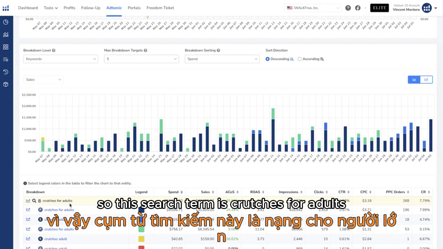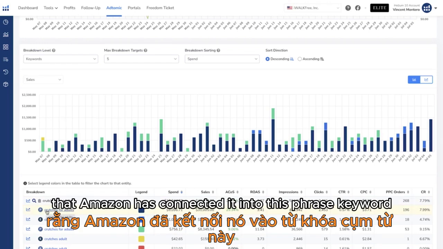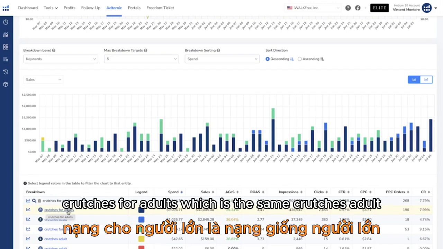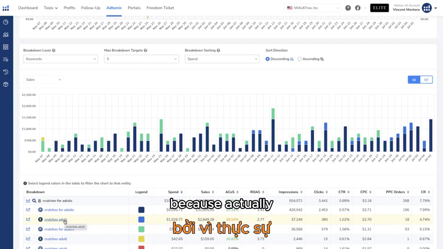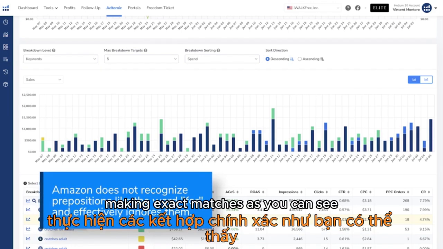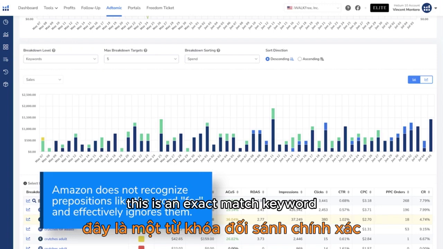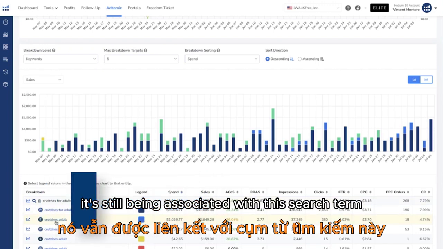So this search term is crutches for adults, and you can see that Amazon has connected it into this phrase keyword, crutches for adults, which is the same. Crutches adult. The word for is not in here because actually Amazon doesn't really look at the word for when making exact matches. As you can see, this is an exact match keyword. Even though the word for is not in there, it's still being associated with this search term.